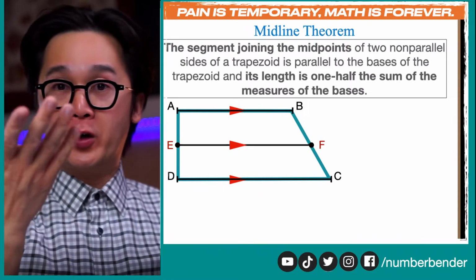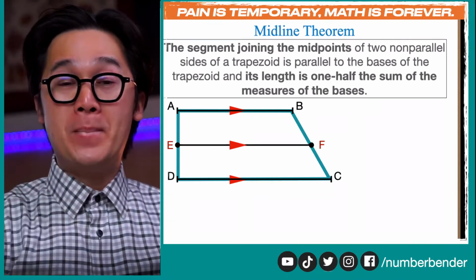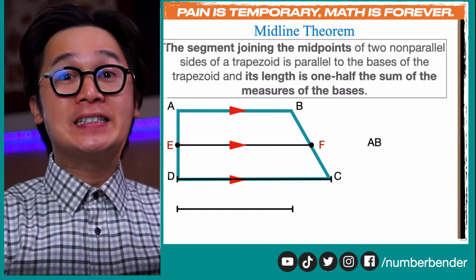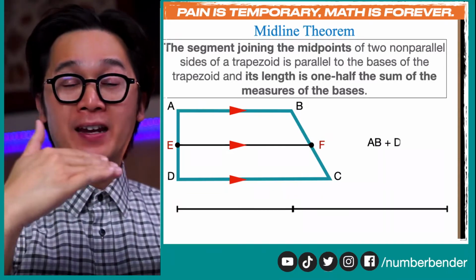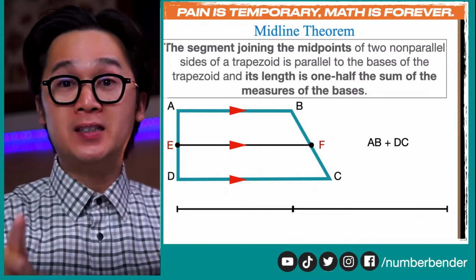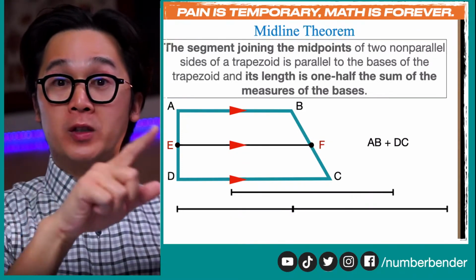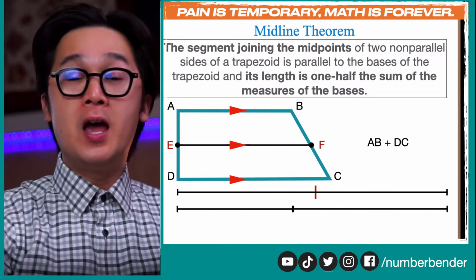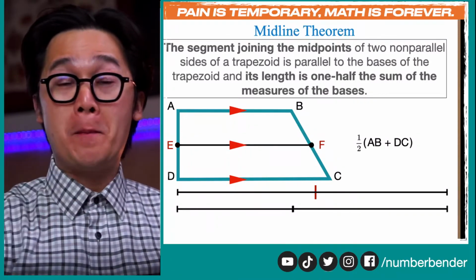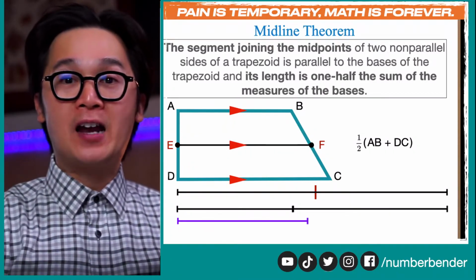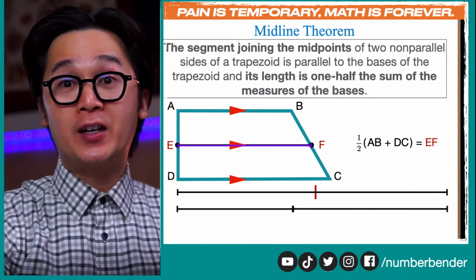So what we can do according to the definition is we can find the measurement of our midline by taking the sum of the length of the top base and adding it to the length of the bottom base, and the combination or the sum of those two line segments, which is shown in this particular visual, we can see that the midpoint of the sum of our two bases is basically the actual measurement of our line segment EF, which happens to be our midline or mid-segment.